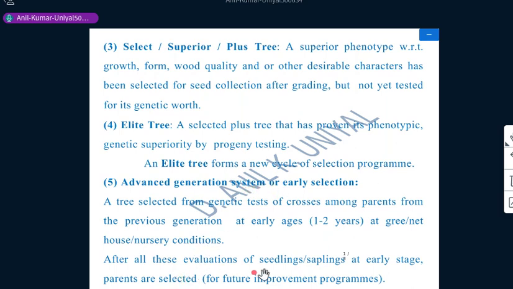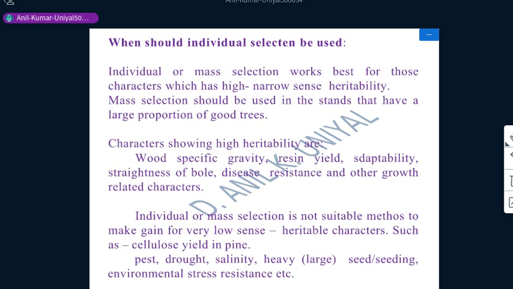After all these evaluations of seedlings or saplings at early stages, parents are selected in the field for further tree improvement programs. Then, when should the individual tree selection system be used?